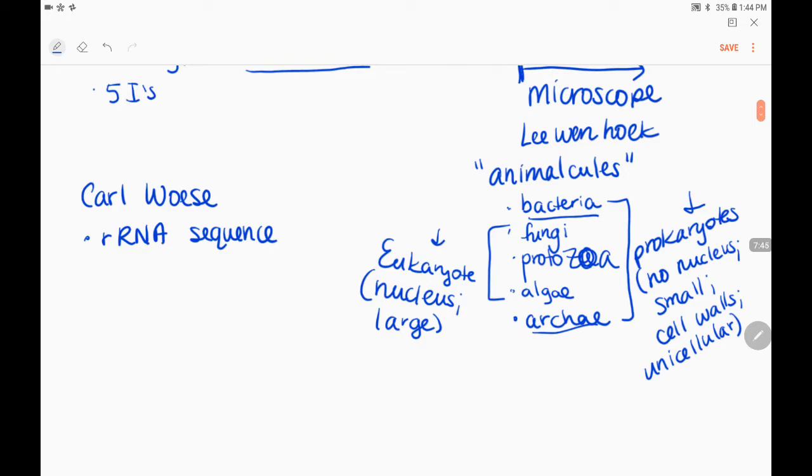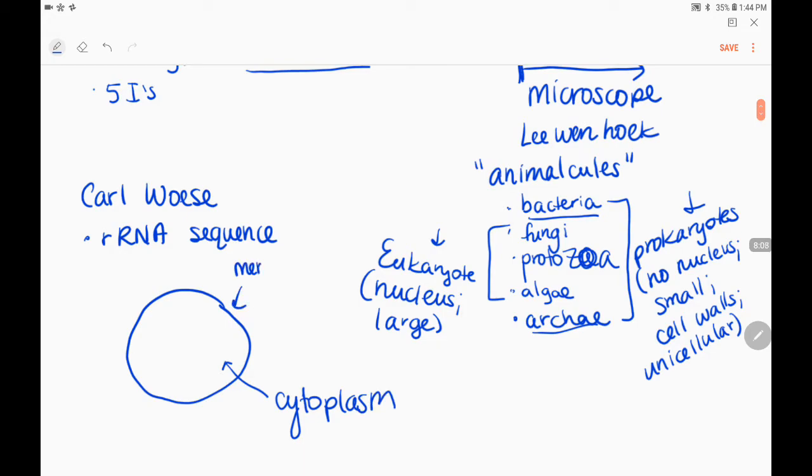Ribosomes make proteins. If you're a cell, you have a cell membrane. I'm going to draw that out for you. So every single cell has a cell membrane. Cell wall is optional. It has some cytoplasm, the fluid on the inside. Cytoplasm, cell membrane made of lipids.